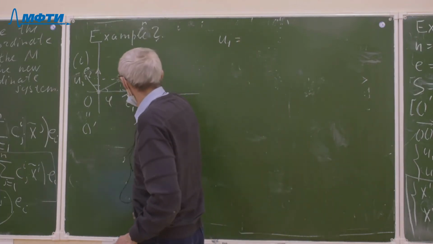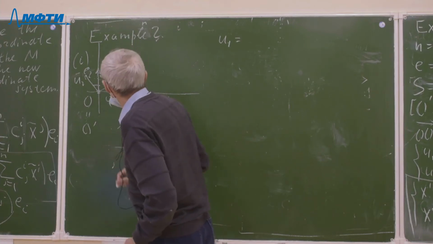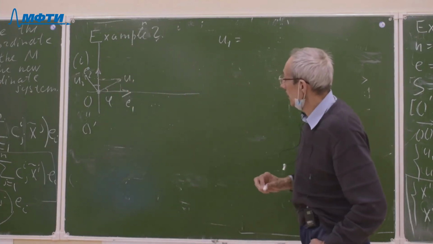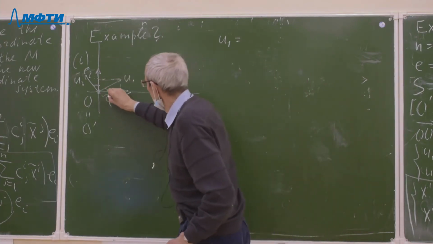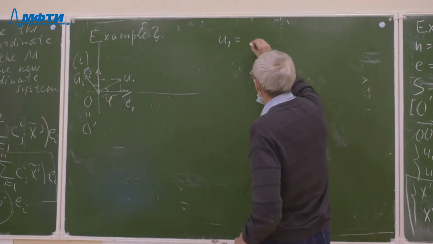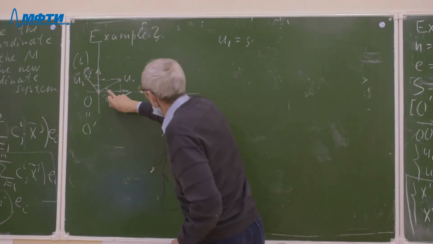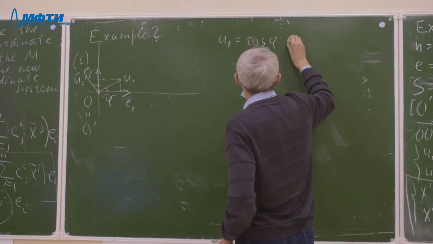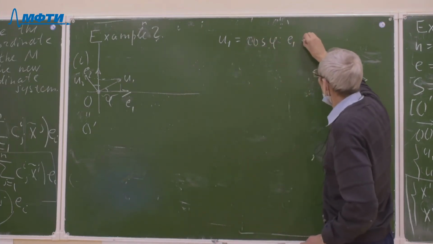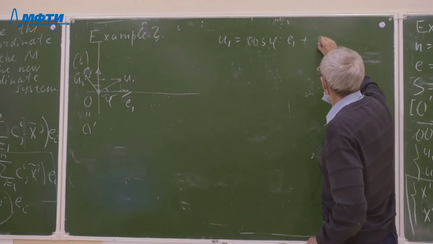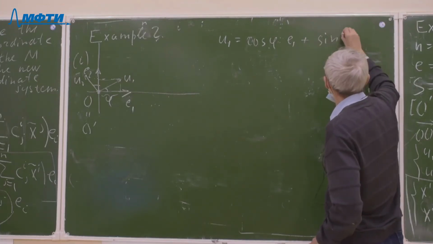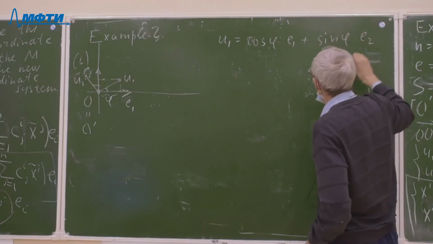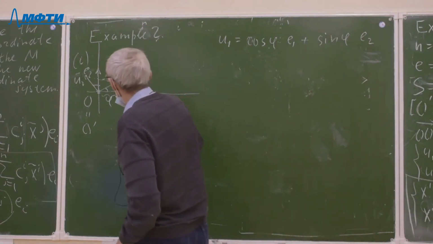U1 is equal to the product of cosine phi on E1 plus sine phi E2.